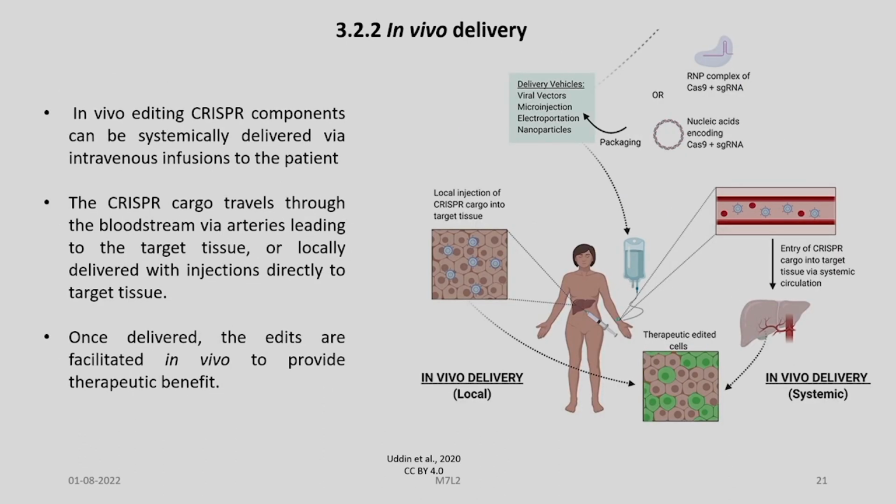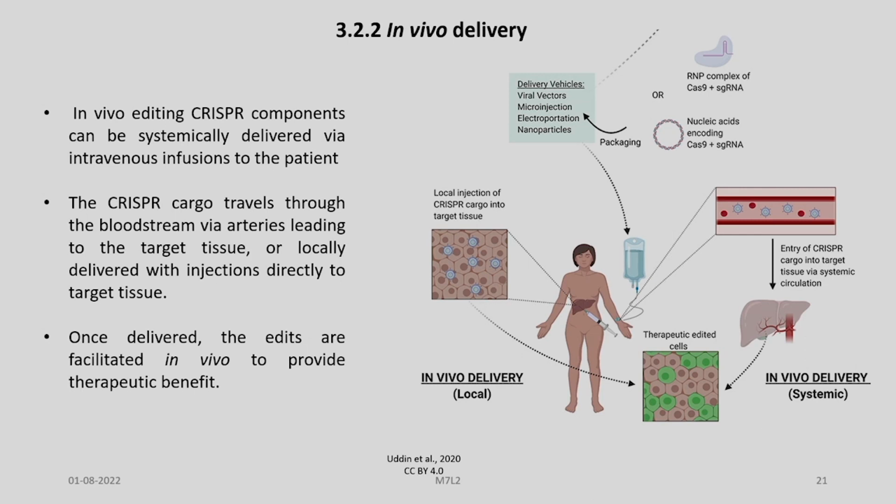In vivo delivery, as the name suggests, is direct delivery into the body. So, here the components can be systemically delivered via intravenous infusion to the patient. The CRISPR cargo travels through the bloodstream via arteries leading to the target tissue or is locally delivered with injections directly to the target tissue.